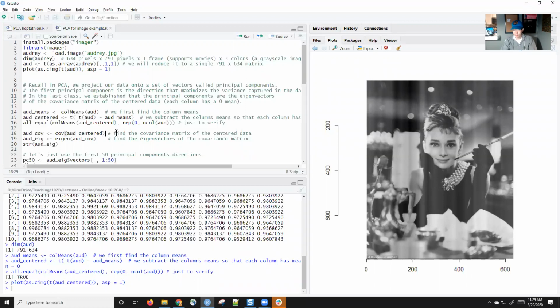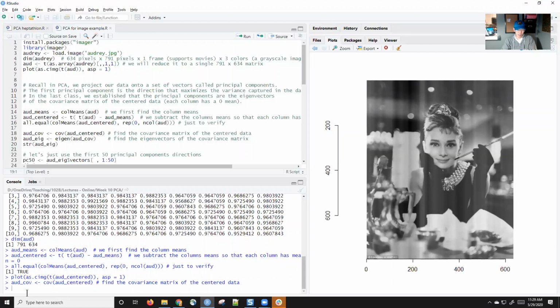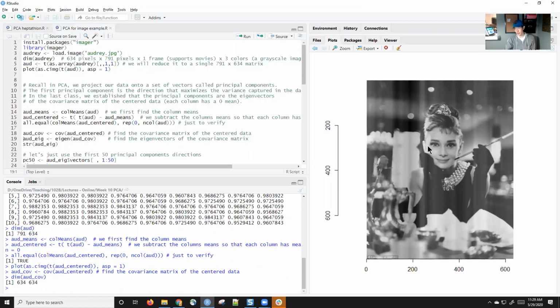Now we'll go ahead and do our eigenvectors, okay? Sorry, I'm going to find the covariance matrix first. Because our image has 634 columns of pixels, the covariance matrix will be 634 by 634.